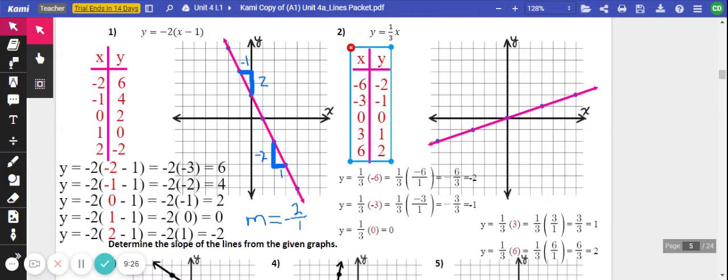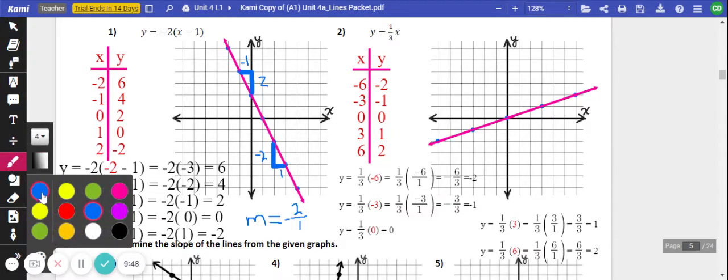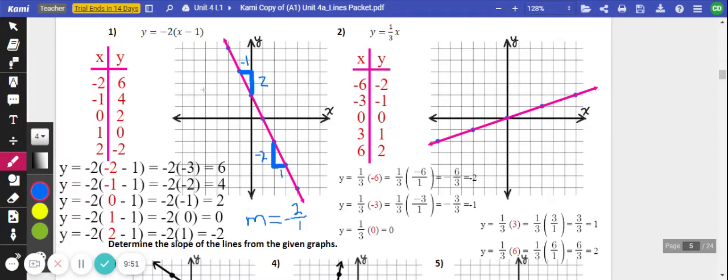So then graphing these points and creating the line through them, this is what I ended up getting. And I didn't even need to extend those points any because -6 through +6 gave me my full line from one side to the other. So I'm going to draw in my slope triangles just like I did here. In this case, I'm going to go up 1, to the right 3.